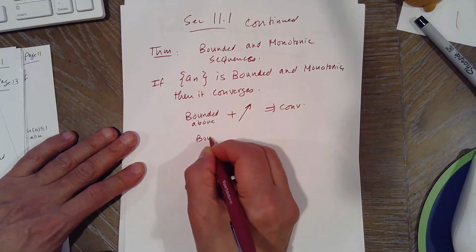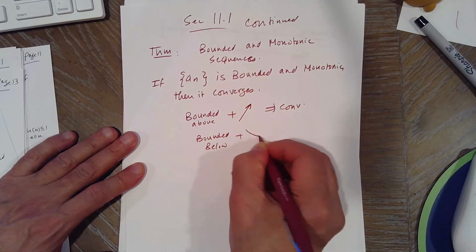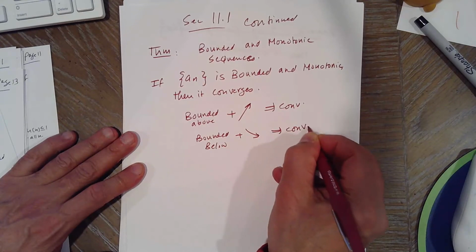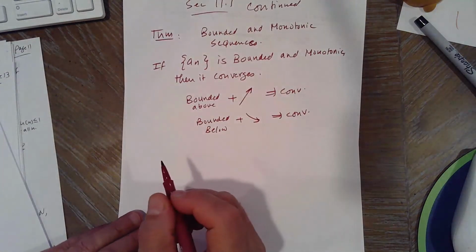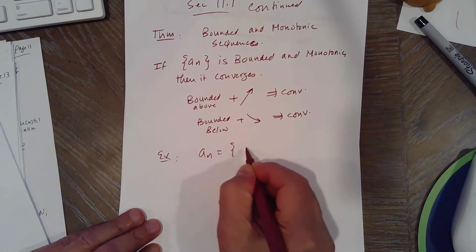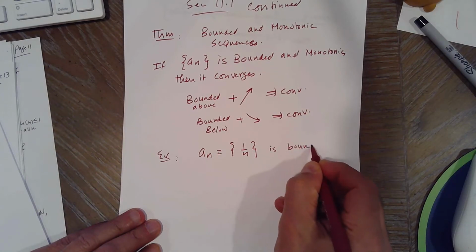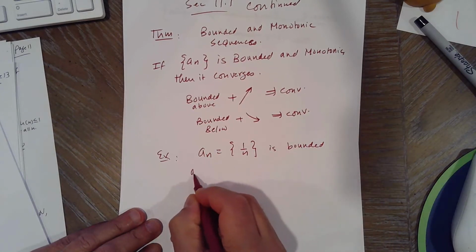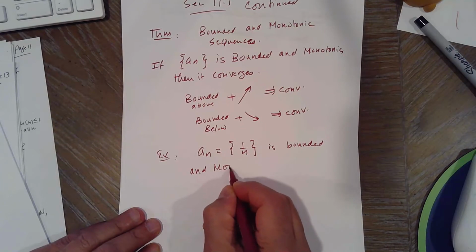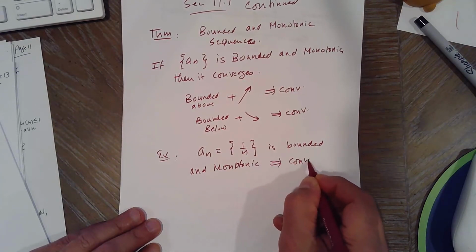If it's bounded below and decreasing, then it also converges. Okay. If you look at a_n = 1 over n, it is bounded and monotonic, that means it converges.